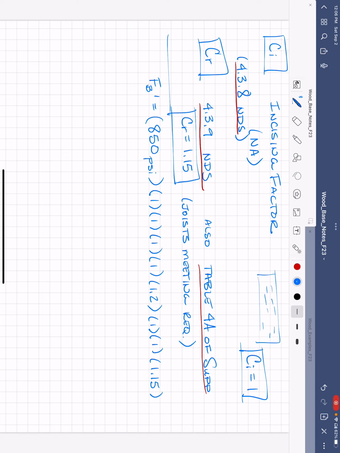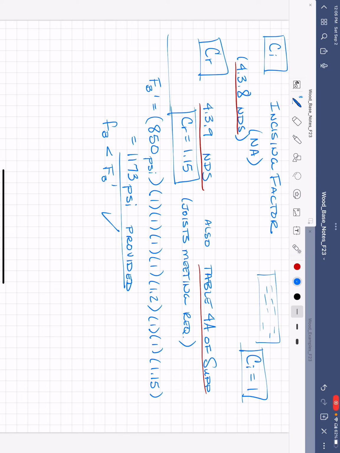All right, so we're going to bump up by 1.2 and 1.15 here, and that's pretty significant. We'll get 1173 psi, and that is the strength side. Okay, so this is what's provided. So F sub little b is 810, and that's less than F sub b prime, large F sub b.